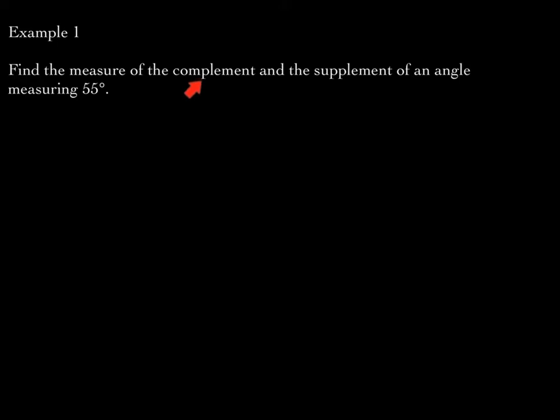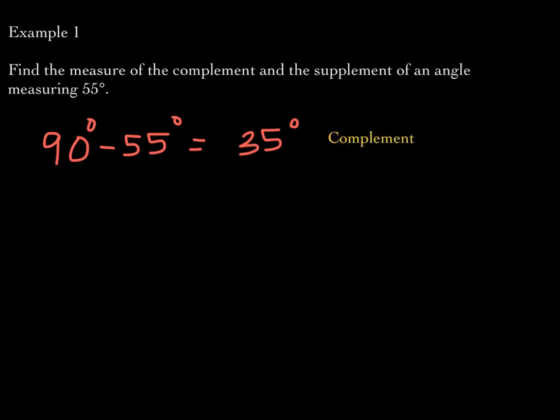That's the definition of being complementary, right? So in order to find the complement of 55 degrees, all I'll do is subtract 55 degrees from 90 degrees. And we'll identify that as 35 degrees. 35 degrees is the complement of 55 degrees because their sum would be 90.